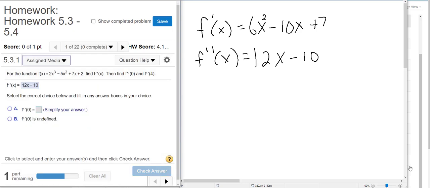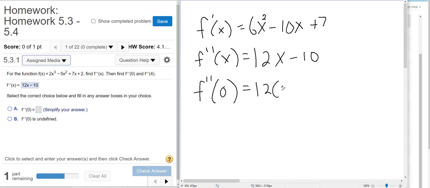Now they ask us to select the correct choice below and fill in any answer boxes in your choice. Well, f double prime of x is defined as 12x minus 10, so f double prime of 0 is just 12 times 0 minus 10. So it definitely exists. It's negative 10.